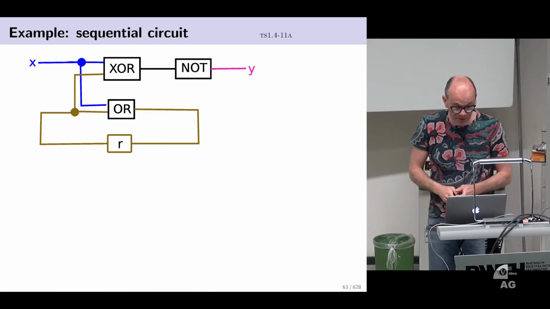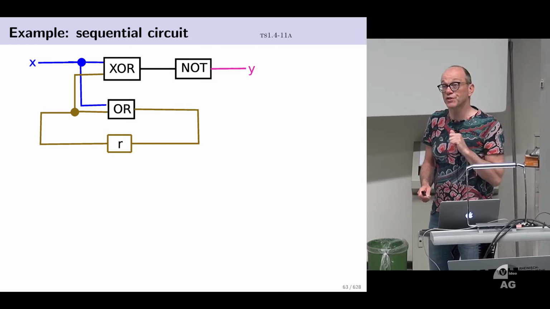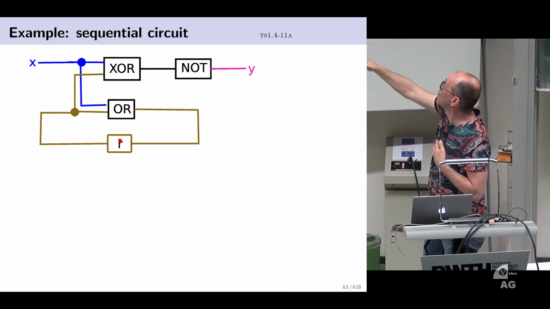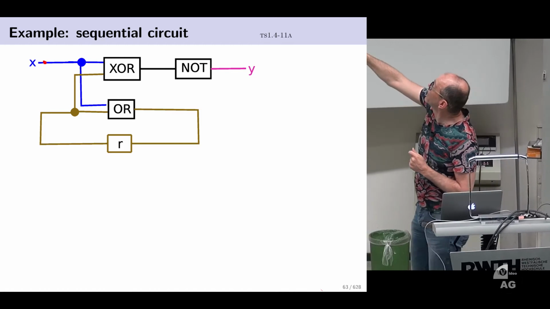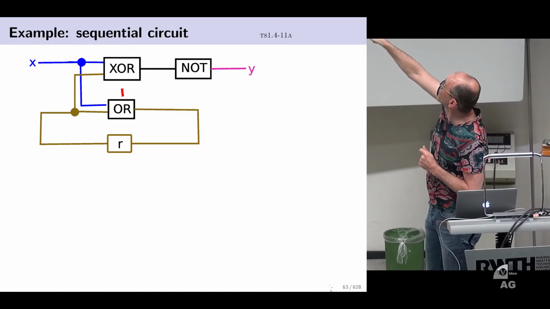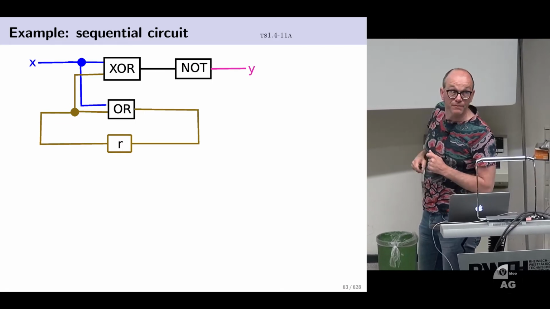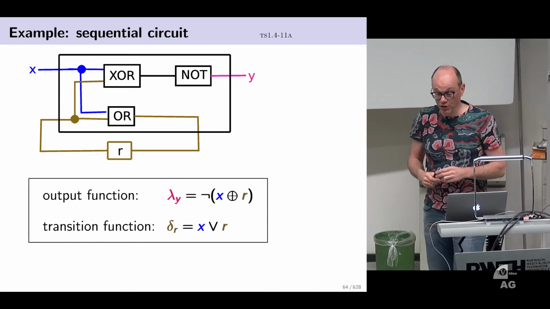This is a very simple example. It has one input, one output, one register. What it does is the input is coming here. There is an exclusive OR here, there is an OR here, and there is an inverter over here. Good. So what's the output function?